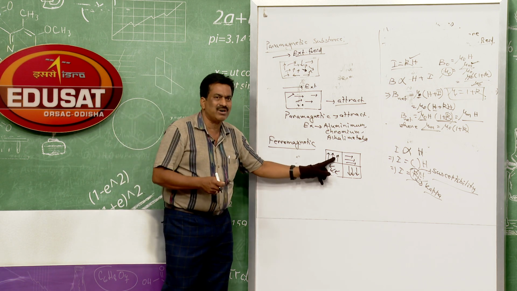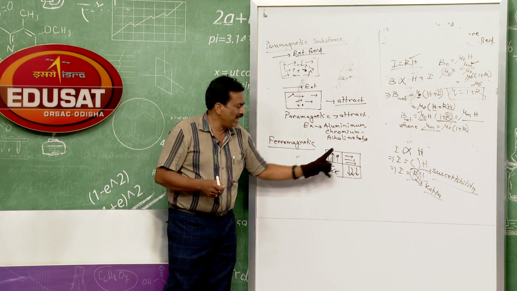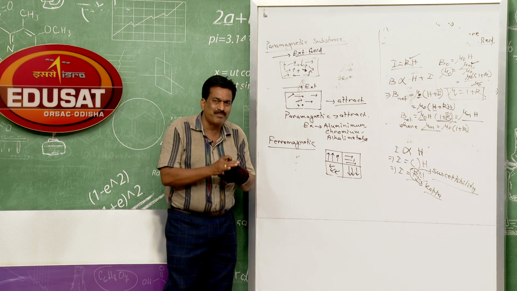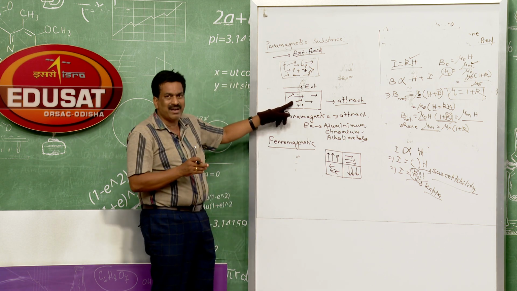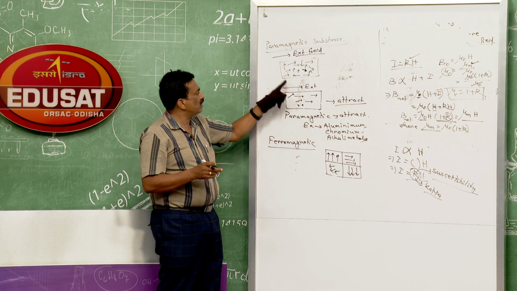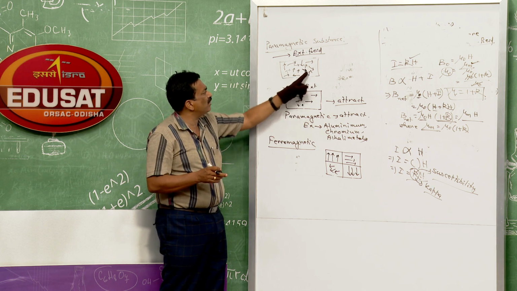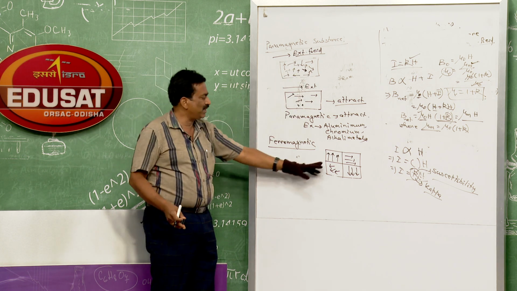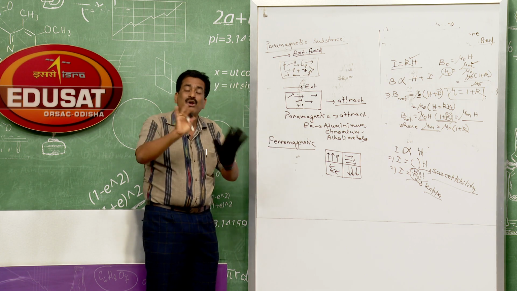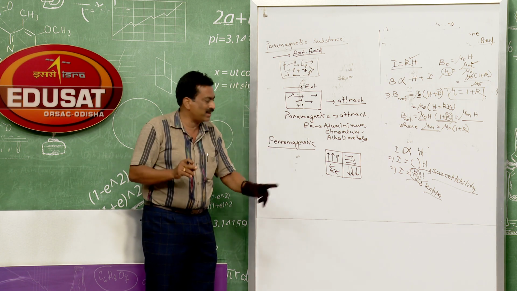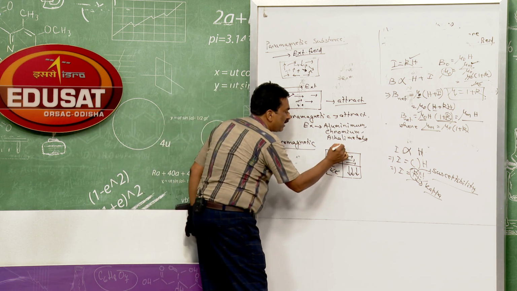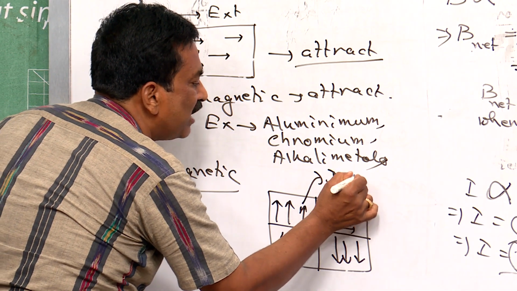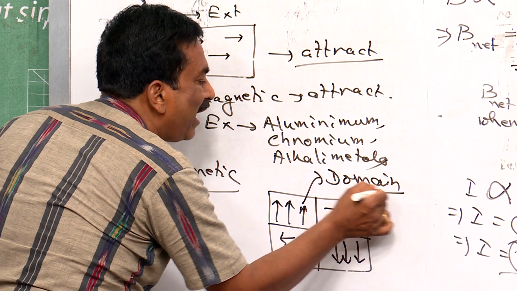Means if this is 1 unit, this is 1 unit, in those units all the dipoles are in the same direction. In the total sample, different dipoles have different directions, but in particular regions they are the same, and that particular region is known as the domain.